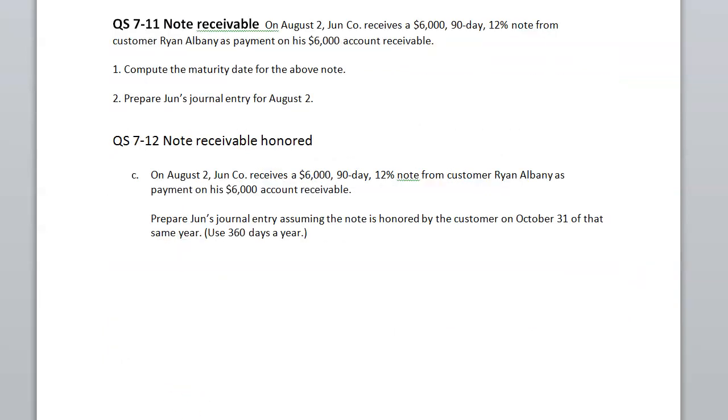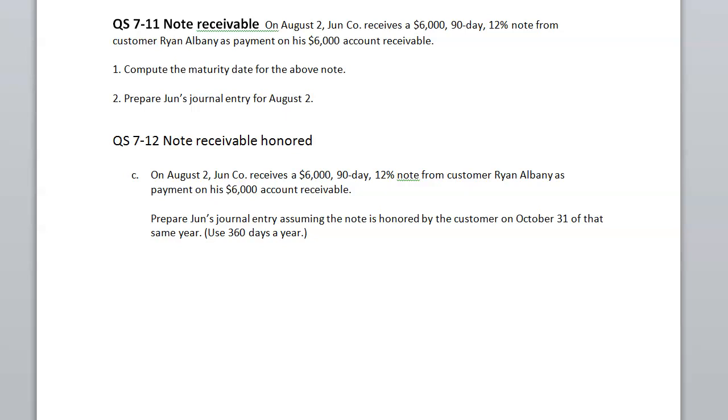The next questions we're going to look at deal with notes receivable. So quick study 7-11. On August 2nd, June Company receives a $6,000 90-day 12% note from customer Ryan Albany as payment on his $6,000 accounts receivable. So Ryan already owes us $6,000.